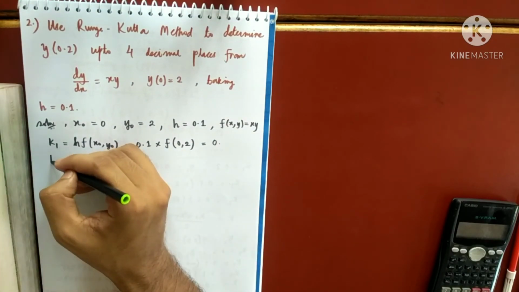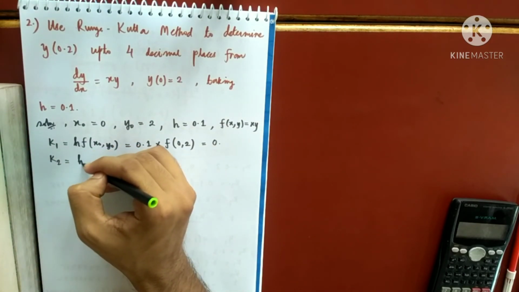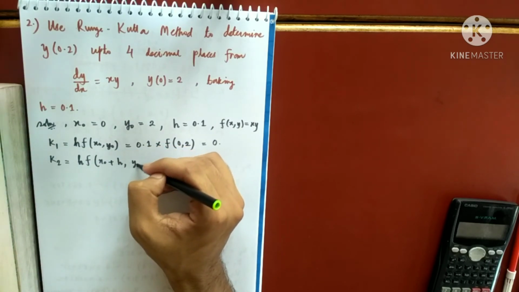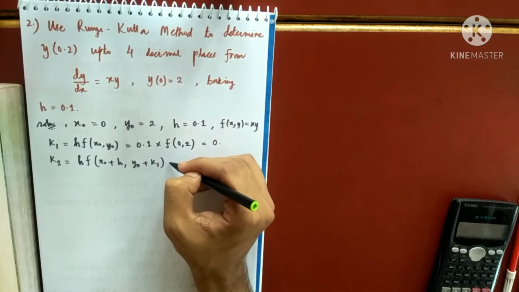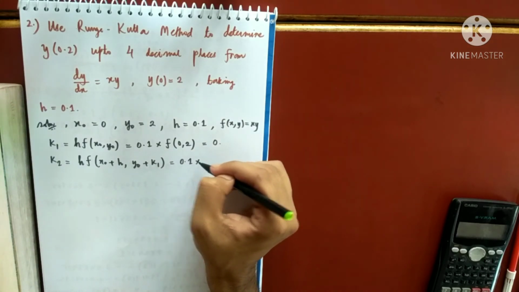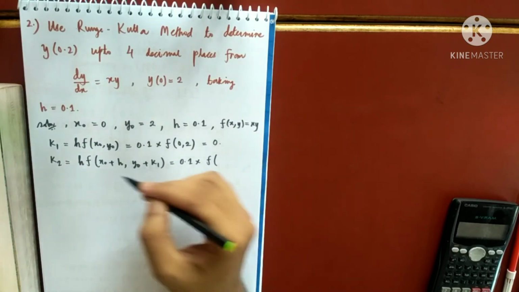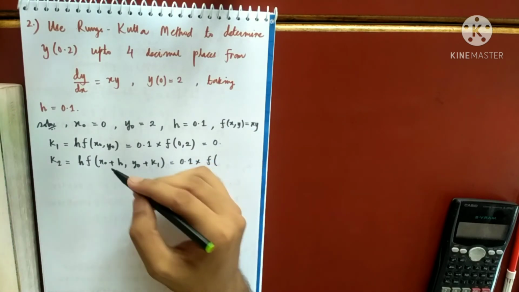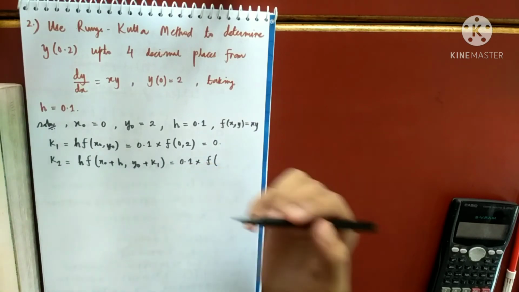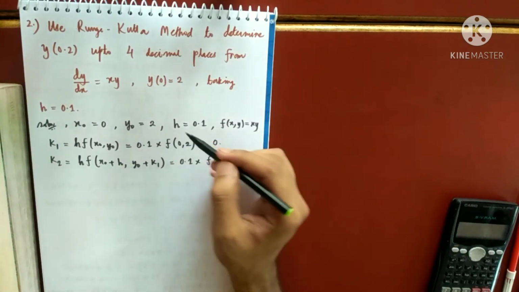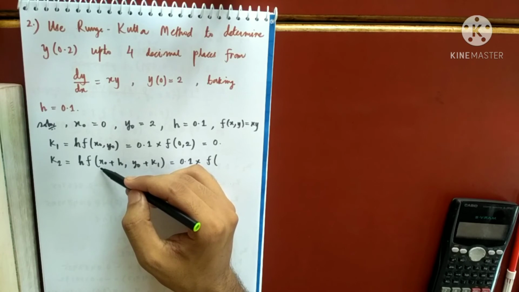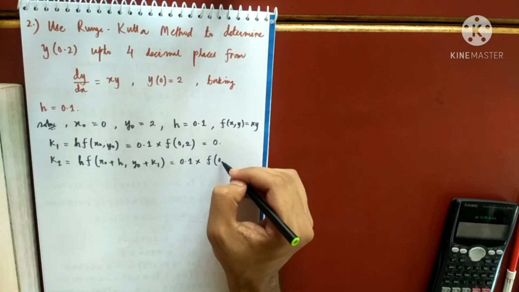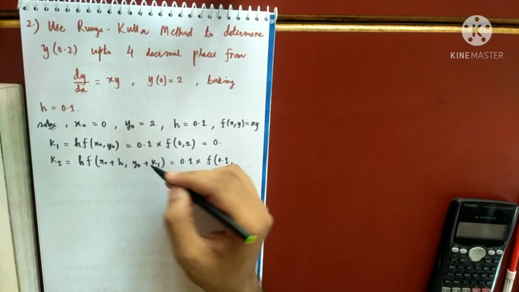We are happy then. k2 is h times f of x naught plus h comma y naught plus k1. So this is h, 0.1, times f of x naught plus h. So what is x naught? It is 0 plus h. That is a new value of x, that is x 0.1. 0 plus h is 0.1, comma y naught plus k1.